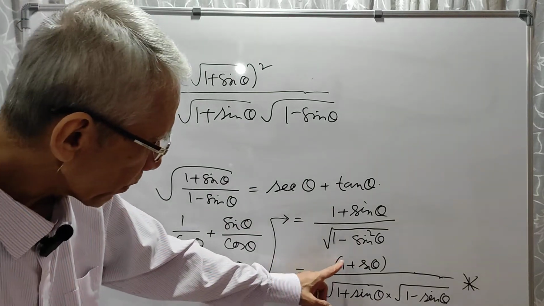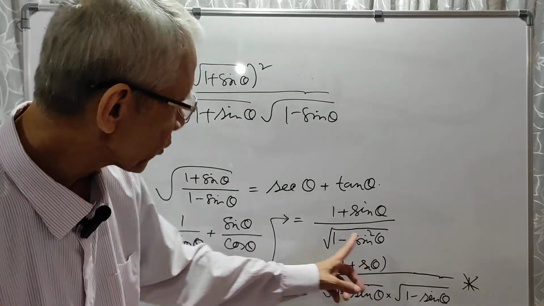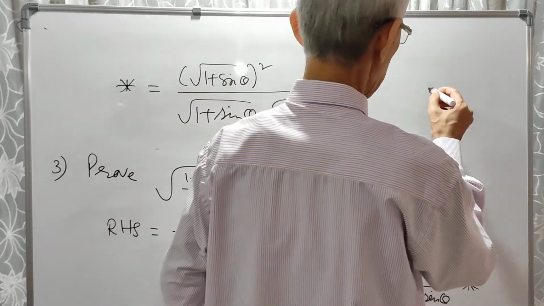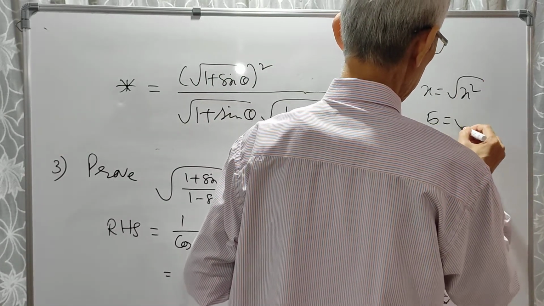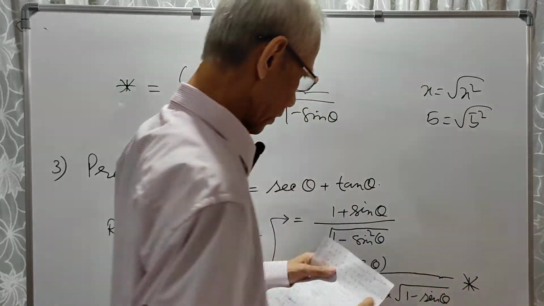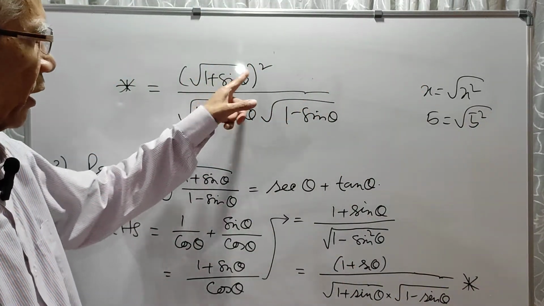Now numerator is 1 plus sine theta, we can write 1 plus sine theta whole square root, like suppose x you can write root over x square, 5 you can write root over 5 square, like that. So this thing we are writing root over that square.